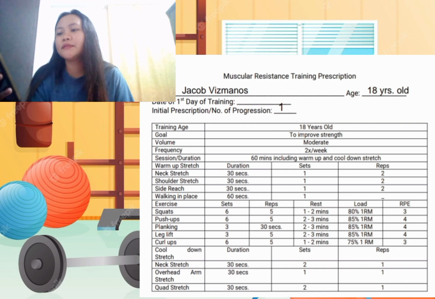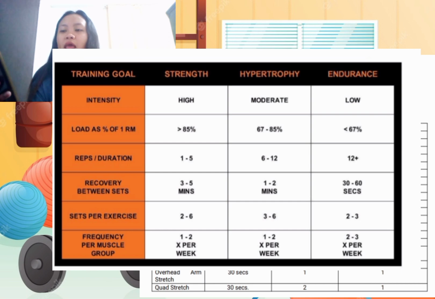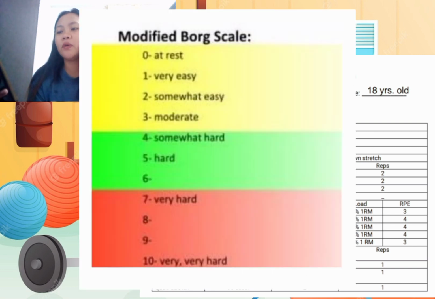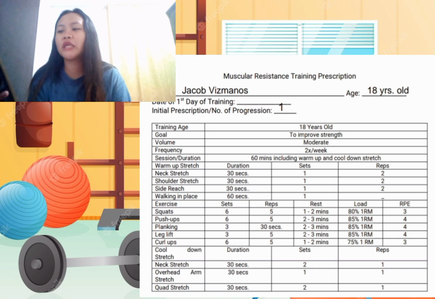So 80%, and this 80% is again under the moderate intensity, as you can see at the table. So let's continue. RPE is a 3. Again, you can see at the table its classifications and explanations why we put the 3 range. Next is the push-ups.